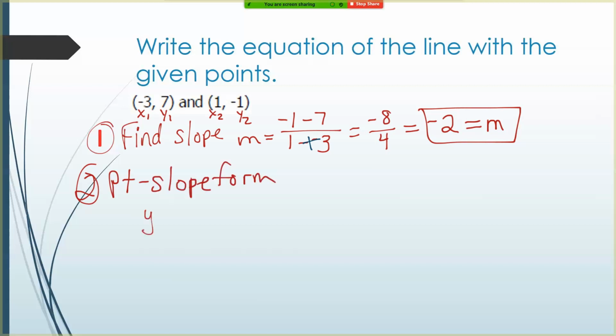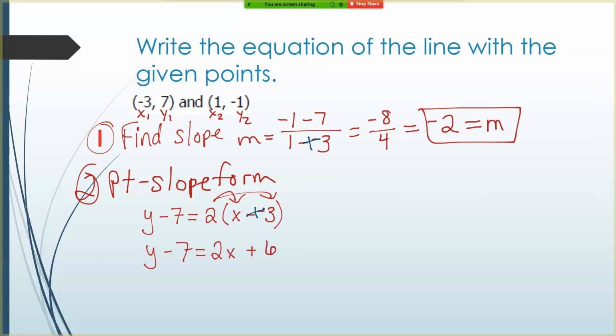So y minus y1, so y minus 7 equals our slope -2, parenthesis x minus x1. Again, for these problems, you've got to watch out for those double negatives, change them all to positives. So once you plug into point slope form, your next step is distribute to get rid of those parentheses. So y minus 7 equals -2x plus 6.